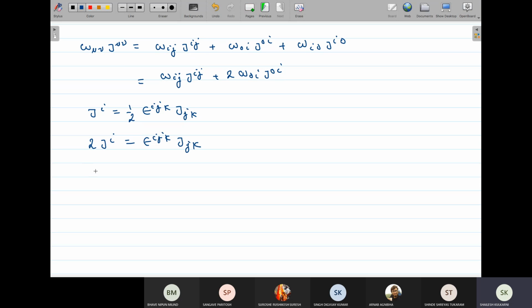Now I will do the following thing. I will multiply by epsilon ilm from the left. So I will get epsilon ilm epsilon ijk j jk, and summation over i is implied here.